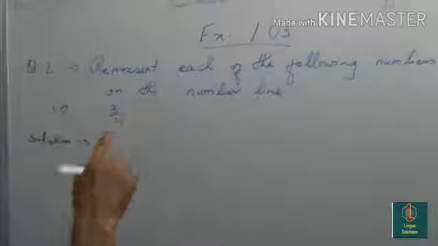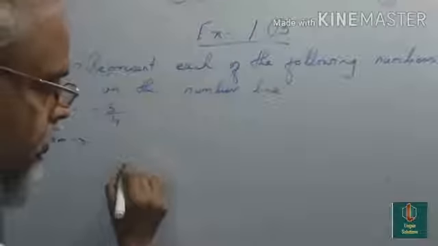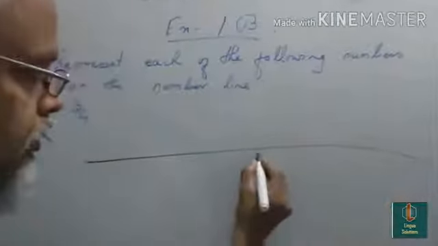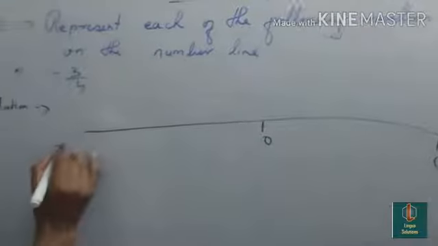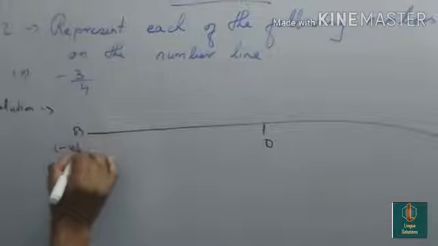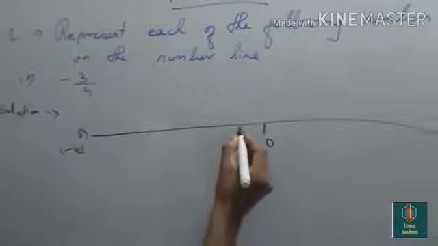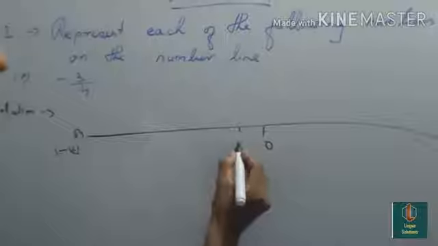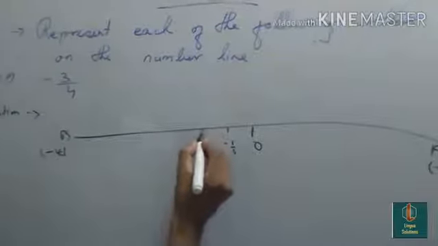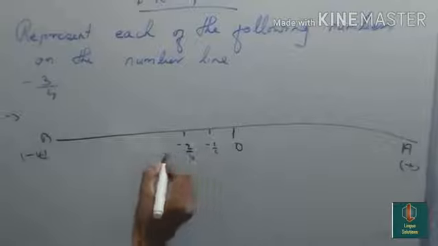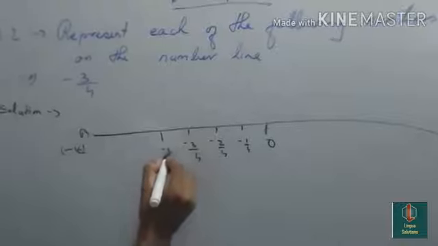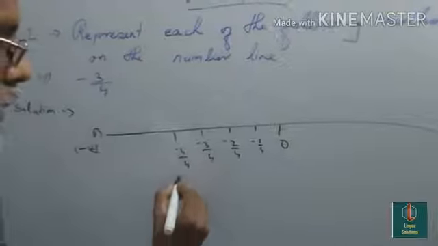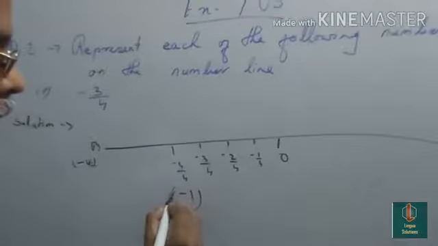Now our number is minus 3 by 4. Draw a line. Here is 0. This side positive numbers and this side negative numbers. Mark it minus 1 by 4, minus 2 by 4, minus 3 by 4, and this is minus 4 by 4, that is minus 1.